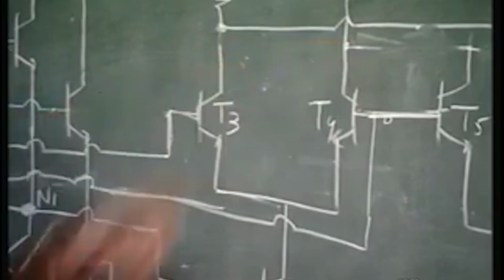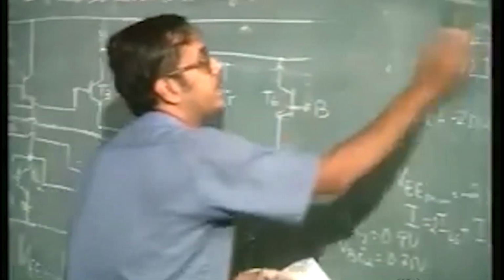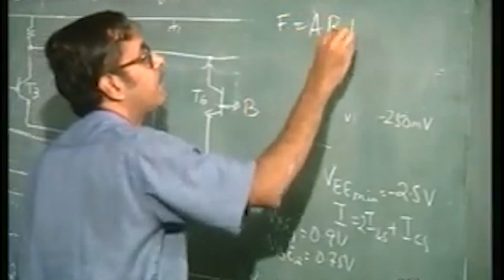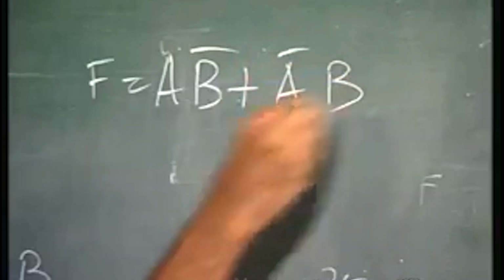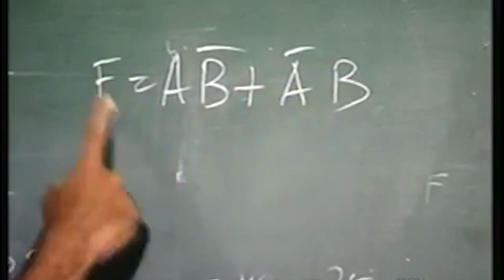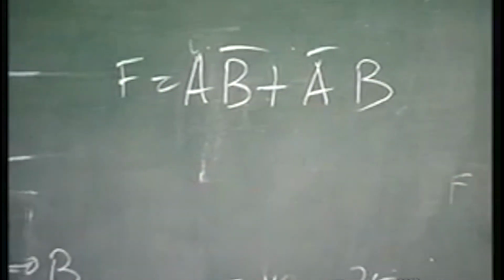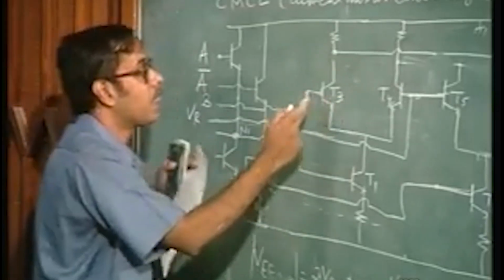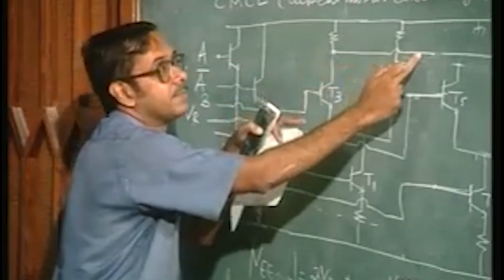So, exclusive OR, F is equal to A B bar plus A bar B. When A is high, F is B bar; when A is low, F is B. So, when A is high, this part is on, and this is B bar.